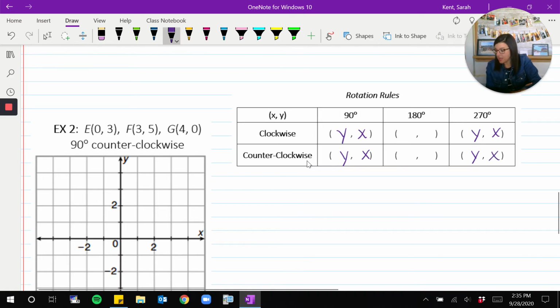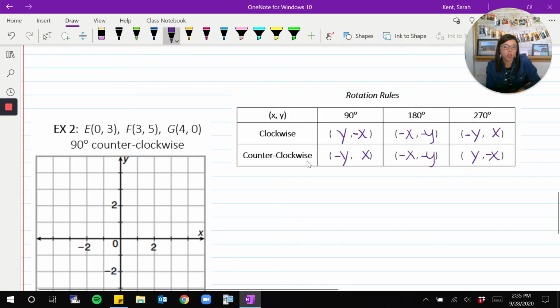And then on clockwise, my X is going to be opposite for 90, and my Y is going to be opposite for 270. And then for counter, my Y will be opposite for 90, and my X will be opposite for 270. And then for 180, it's the same for both. It's going to be normal order XY, but both will be opposite.